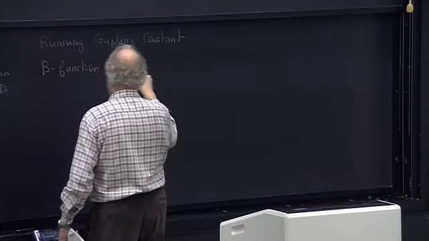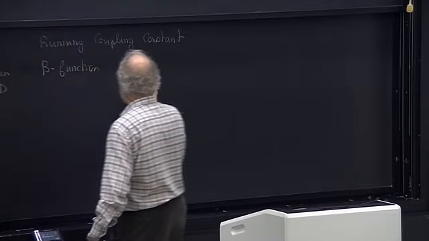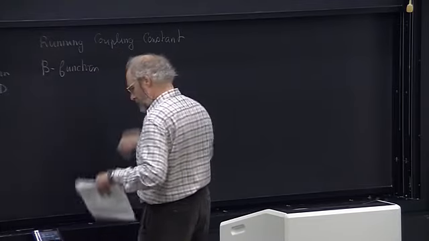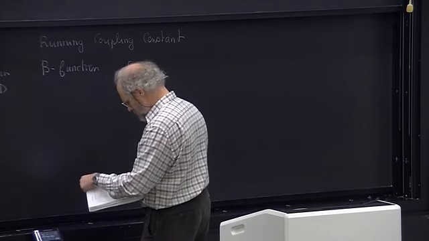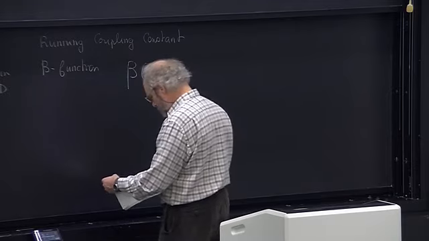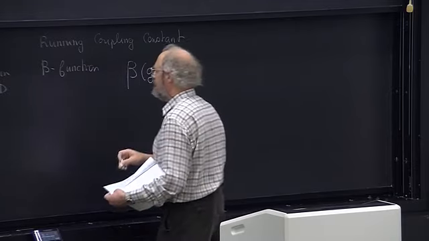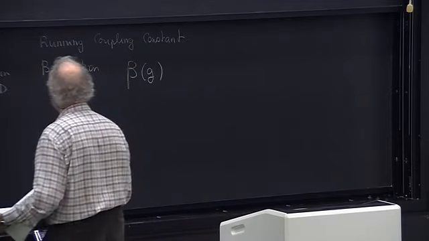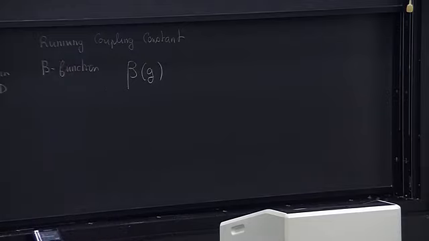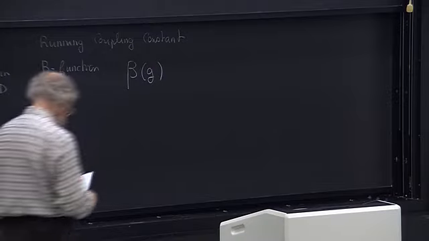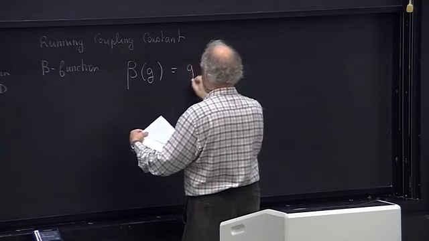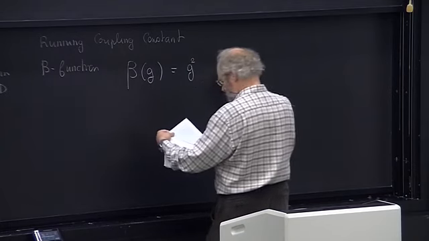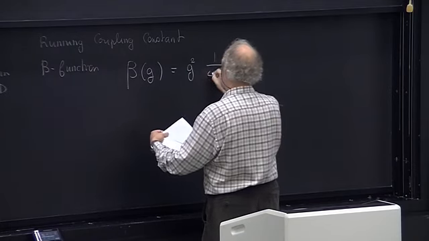And so the coefficient of the beta function for the coupling G, in fact the coupling constant is G squared, but let me write it for G. The beta function for G is G squared, there is a 1/4 pi squared.